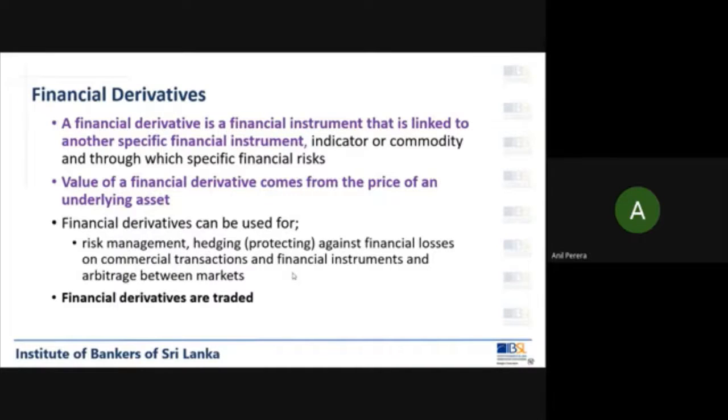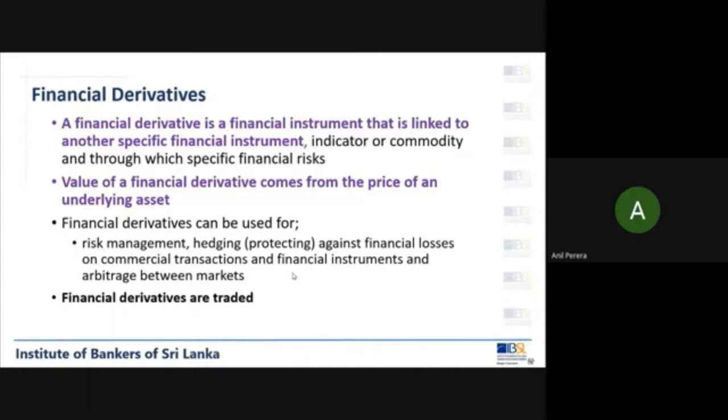So for that matter also, people enter into financial derivatives. And these derivatives can be traded. When you buy a derivative or enter into a derivative contract, you can trade it. And there are derivative exchanges in the world. In Western countries, in advanced countries, there is a very developed market for derivatives. So in this market, derivatives are traded. Now, what are these derivatives?